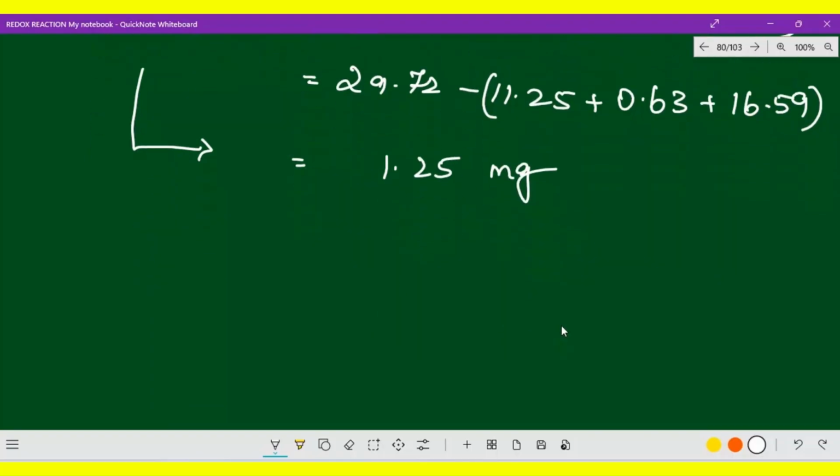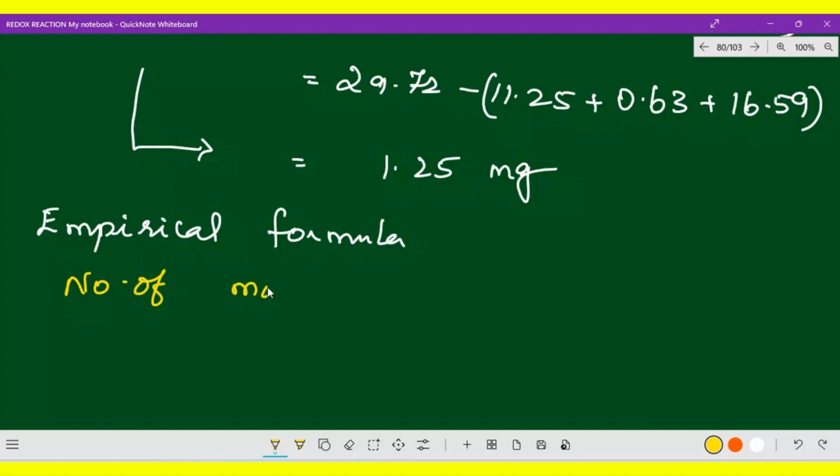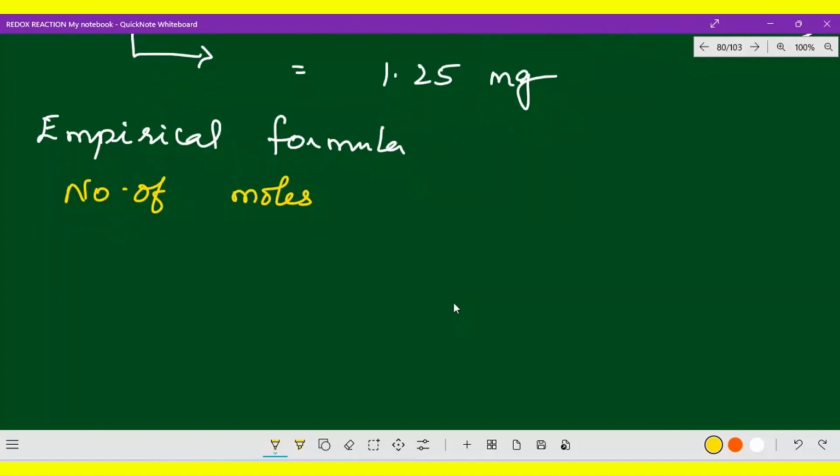Now you have to find out the empirical formula. How will you find it? Given mass by molecular mass, then the simplest whole number ratio, and then finally you go for the empirical mass. For that you go for the number of moles, given mass by molecular mass. So that is carbon, hydrogen, then chlorine and oxygen.